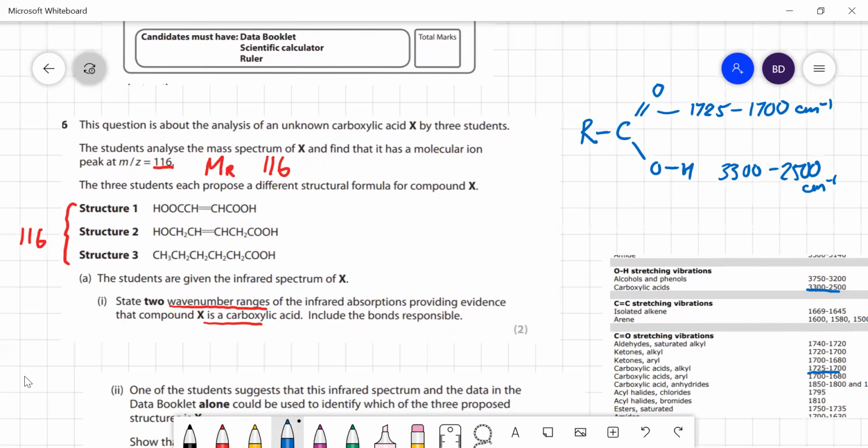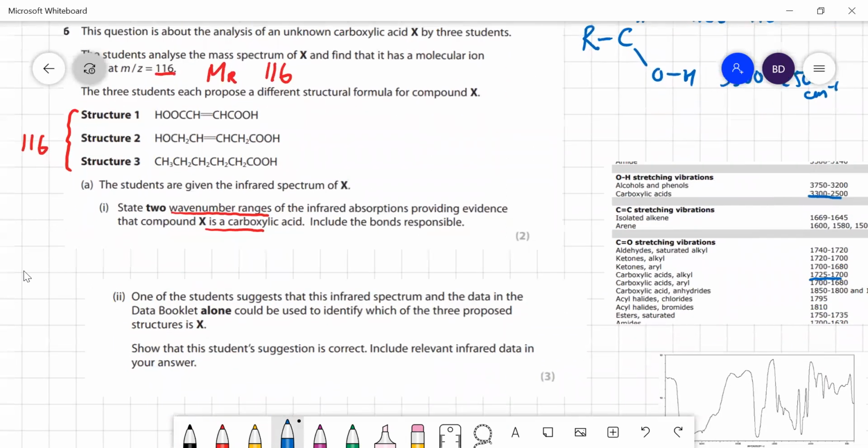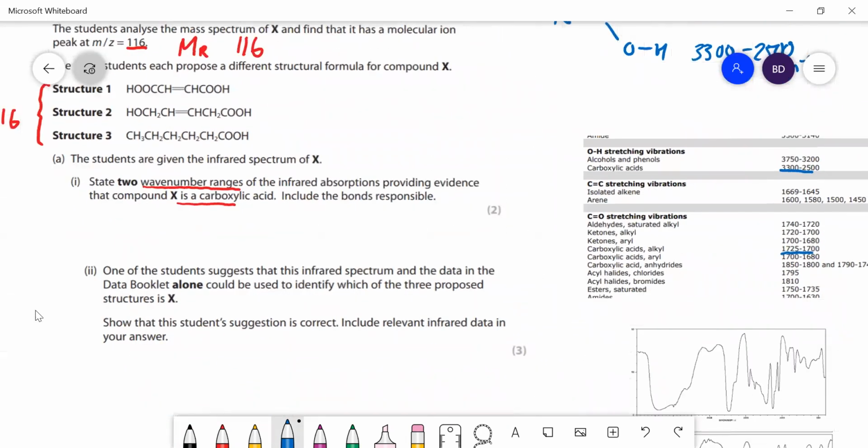Next bit, one of the students suggests that the infrared spectrum and the data in the data booklet alone could be used to identify which structure is X. Show whether this is correct. Let's have a look at that.